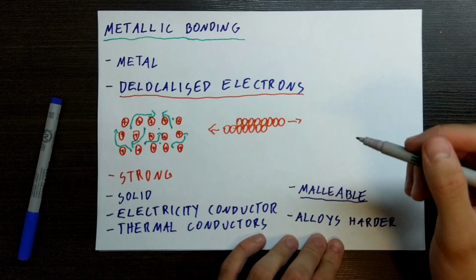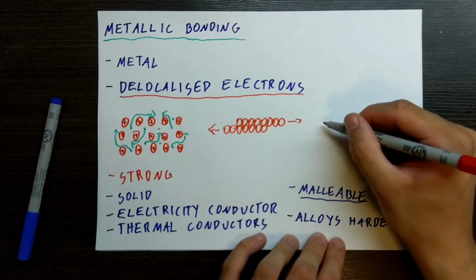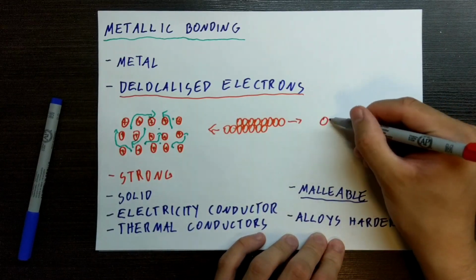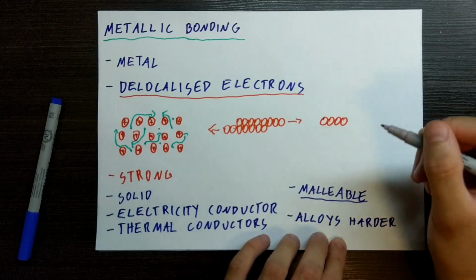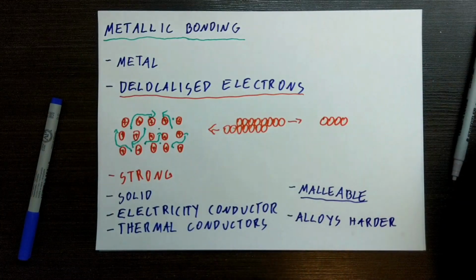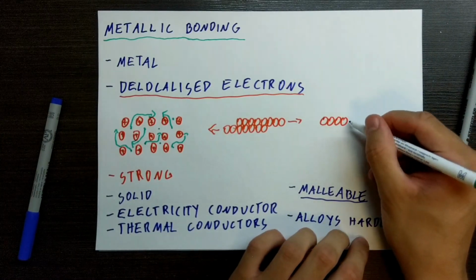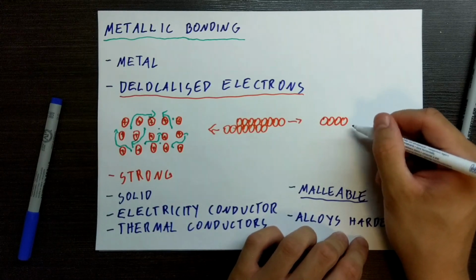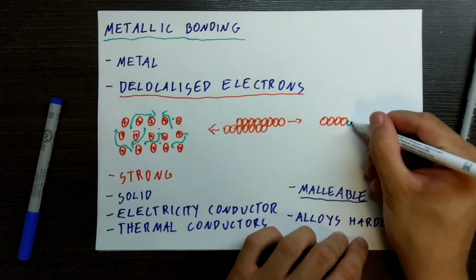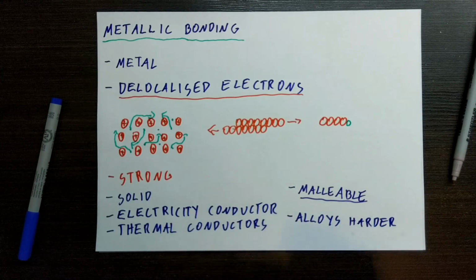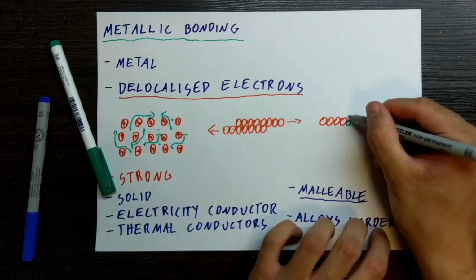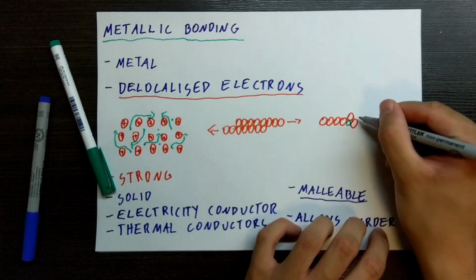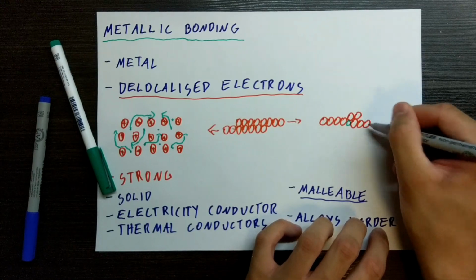Now, if we throw a spanner in the works, if we have these nuclei arranged like this, however, now we have either a different metal, or for example in steel we can have a carbon atom sneaking in right there, and that disrupts the whole arrangement. So that sort of disrupts it like this.